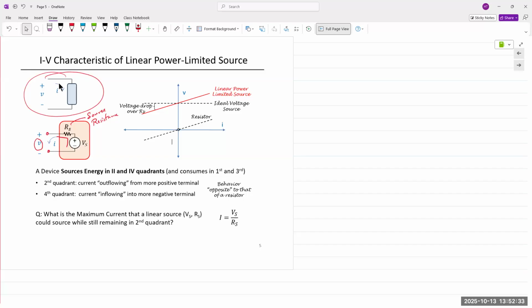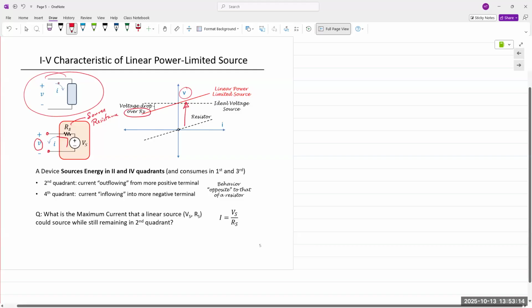So as the voltage or current increases, the other quantity must increase at the same rate. Okay, it's directly proportional. However, if we take the voltage V at the output terminals of the source, we can model it as the resistor voltage plus Vs. Right there. So it's shifted up. So the power supply has a linear relationship, except it is shifted up because of the voltage drop across Rs.